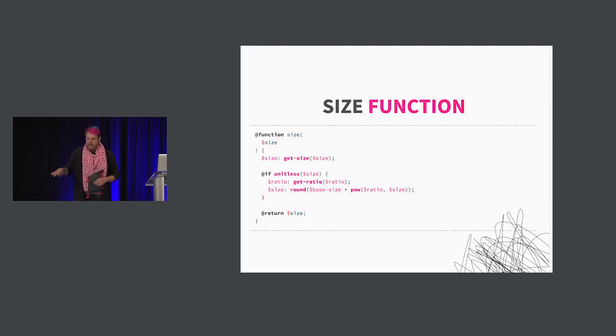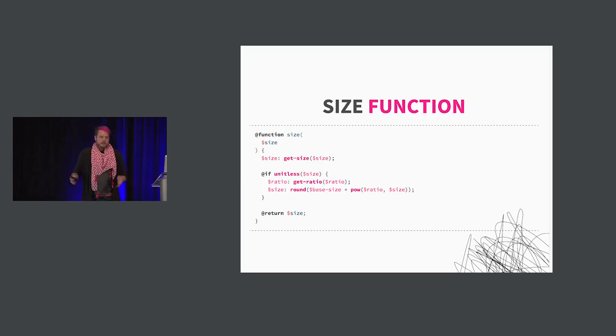Then we can wrap all that in a size function that gets the size, checks to see if it's a unitless number, which means that we want it to be applied on the scale instead of passed through directly. So that means I can pass in a united number and it will just go directly through. So I can say size 1em and it just works. That's not really useful at this point because there's no math happening to it, but it could be useful later.